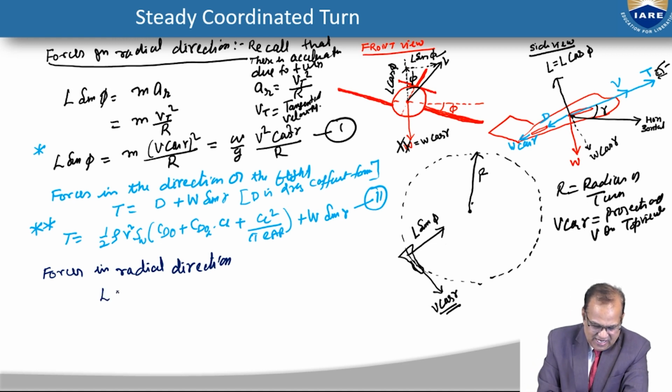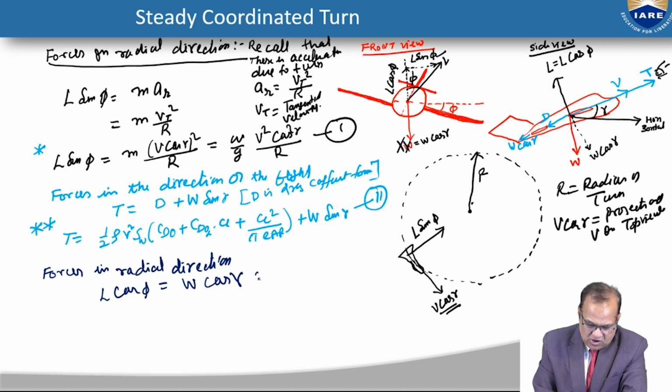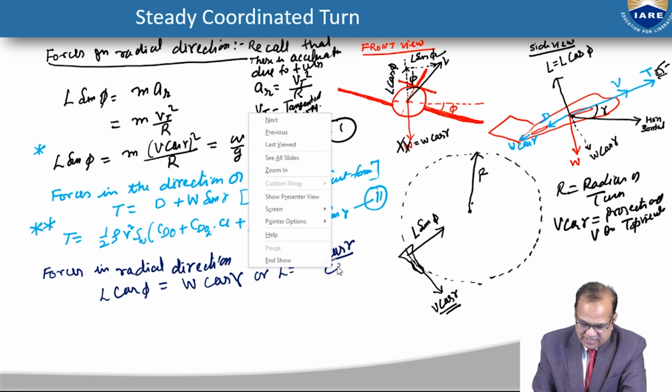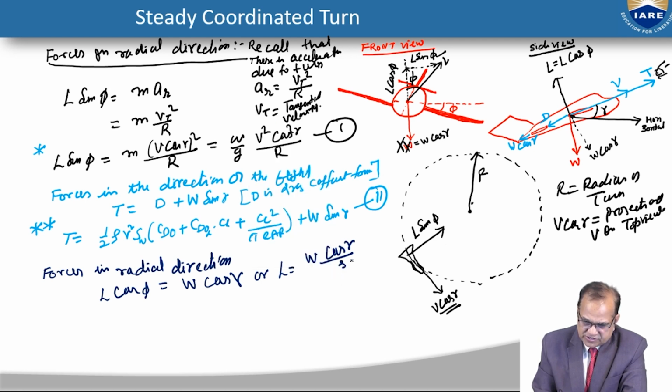So here L cos of phi is equal to W cos of gamma, or we can write that L is equal to W cos of gamma divided by cos of phi.